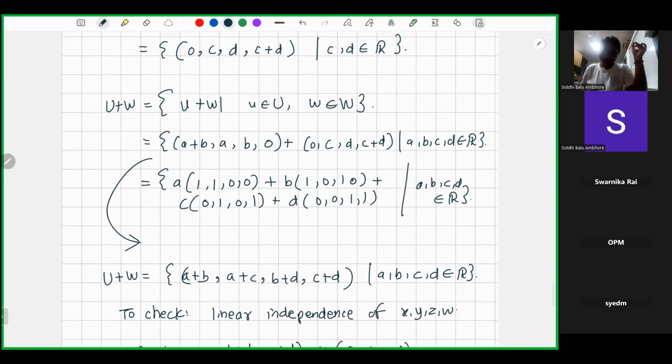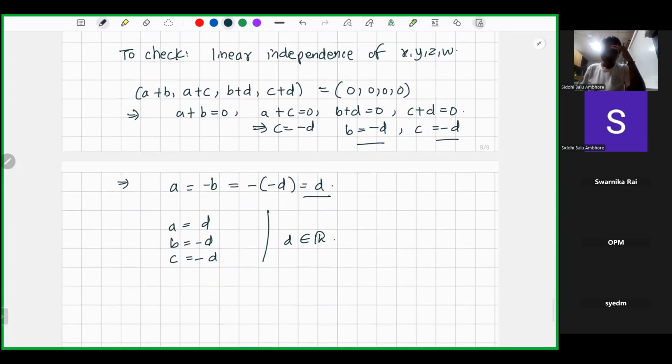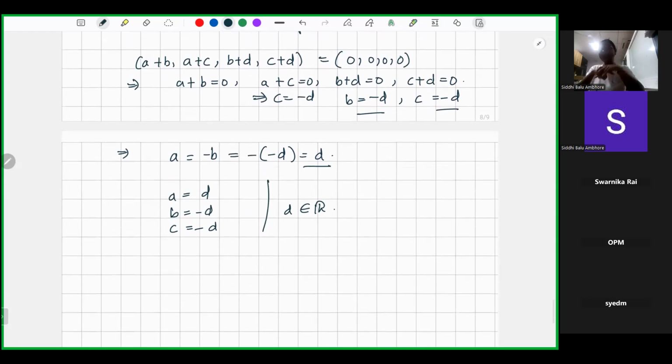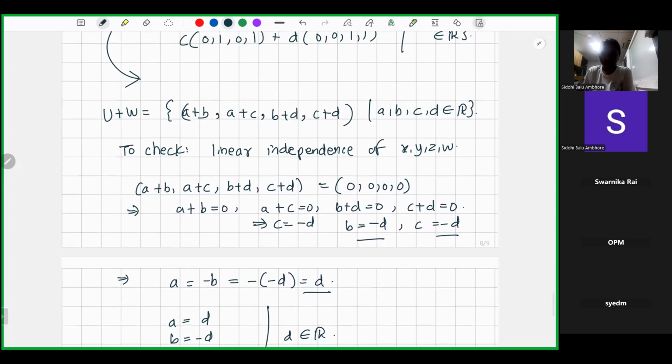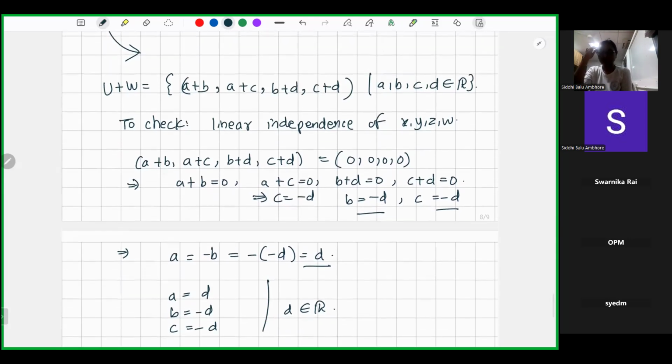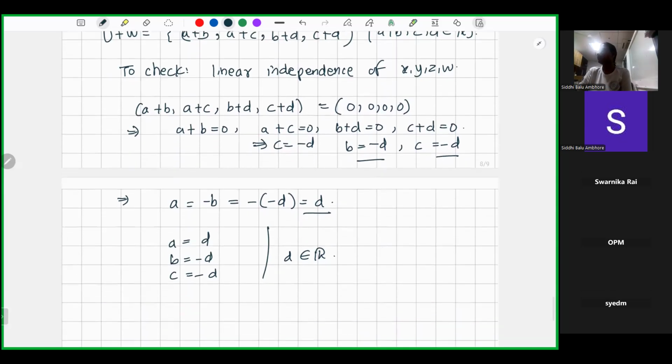So they are not forming a linearly independent set, ma'am. Yes, they are not forming linearly independent. But what I'm saying is that using this, what we are getting, this A, B, C becomes U. When I am saying that this is equal to 0 and I'm getting something, these are not linearly independent, that is okay. But still we need to find the dimension of these vector spaces, right?